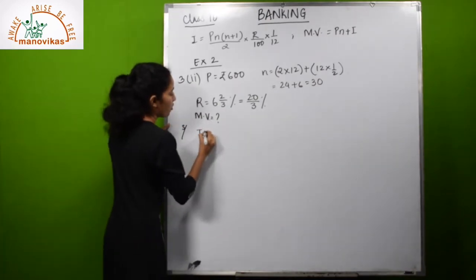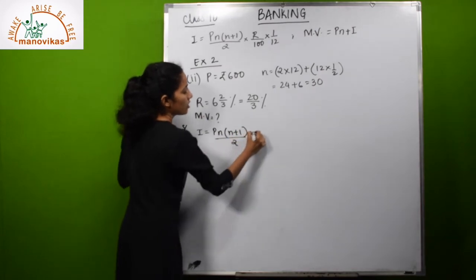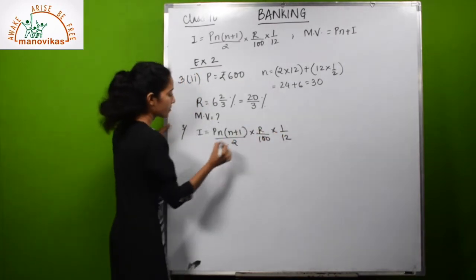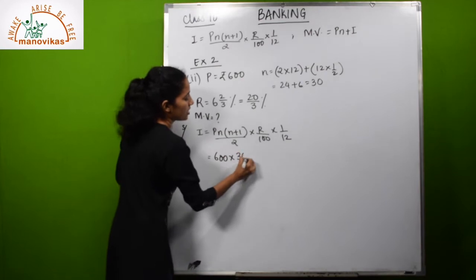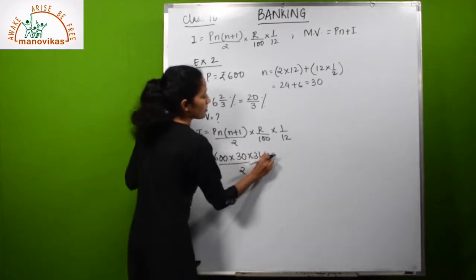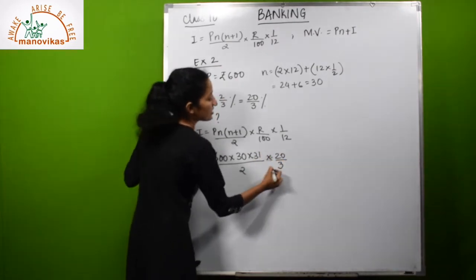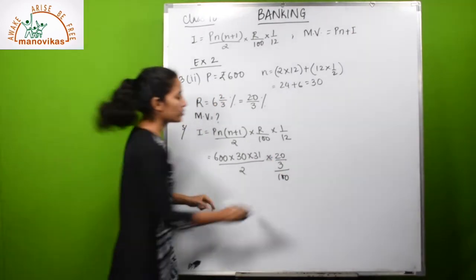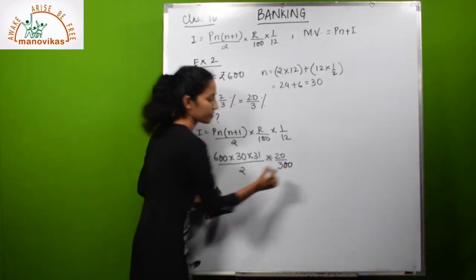So simple interest formula is Pn, n plus 1 divided by 2, r divided by 100 into 1 upon 12. So P is 600, n is 30 into 31 divided by 2, and the rate is 20 divided by 3 divided by 100, which when you take the reciprocal, it will be 3 into 100, which will be 300.